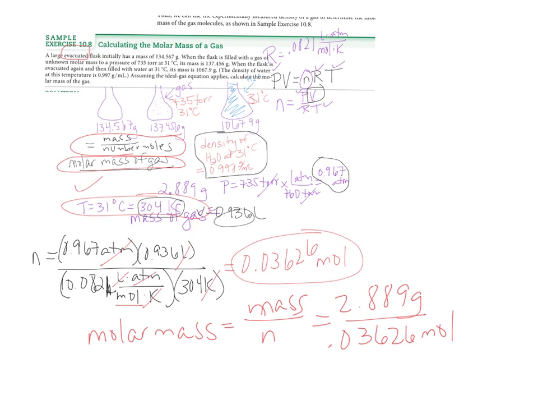So my molar mass comes out to be 79.67 grams per mole, which I'm going to round to 3 sig figs, 79.7 grams per mole. So now I know the molar mass of my gas. I don't know the empirical formula, so I don't quite know what it is yet, but I do know the molar mass. That is how you can use a problem-solving strategy in the ideal gas law to answer a question.